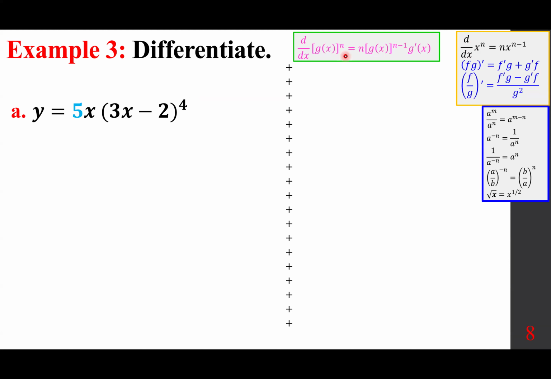So if you look at the basic power rule, n x to the power of n minus 1. In this case, you have a function g of x to the power of n. So similar to that n, similar to that x to the power of n minus 1 becomes g of x to the power of n minus 1. But when you go back here, the derivative of x is 1, everybody. So times 1, we don't write that, but the derivative of g of x is no longer 1, it's g prime of x, you have to write.